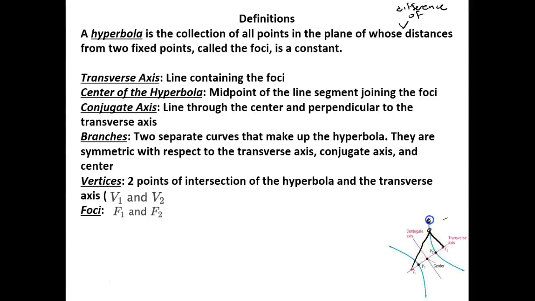So if I take another point here and go to that foci and this foci, the difference between these two is going to be the same. Equivalently, if I went to this point here, the difference between these two distances is going to be constant. That's what a hyperbola is. And I'll get rid of some of that so we can still see the original information.